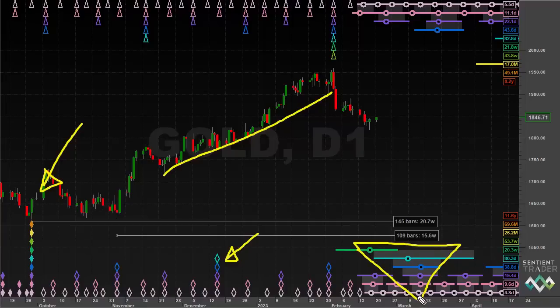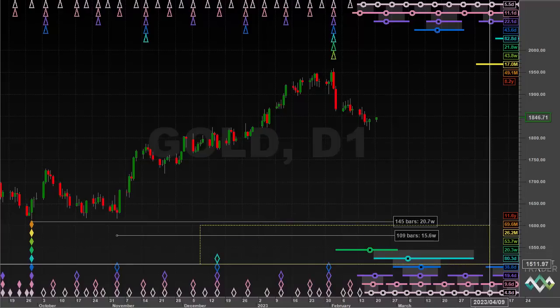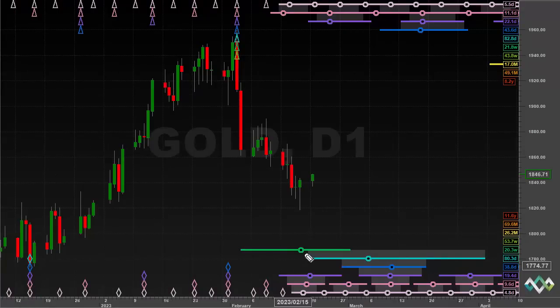Here you can see the nest of lows is centered around about the first week of March. However, there is something important for us to pay attention to here. If I zoom in, we can see in a little more detail the fact that we have a 20-week cycle circle right over here below Friday's price action.